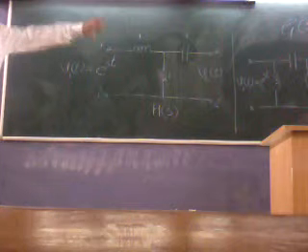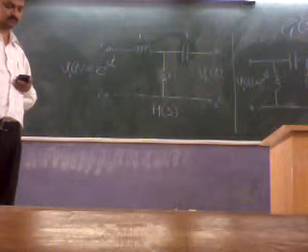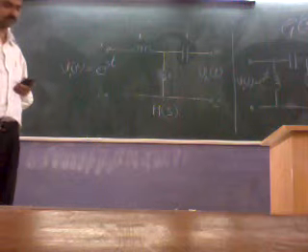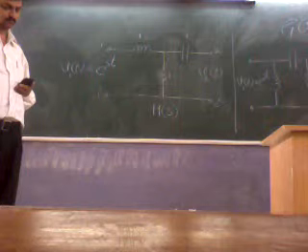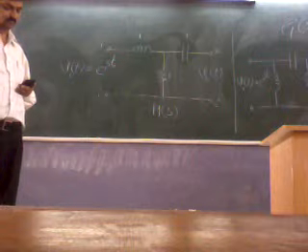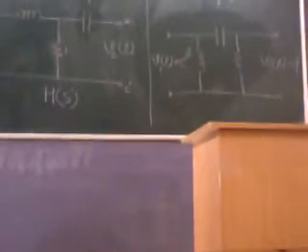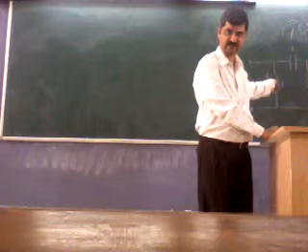Now calculate what is V2t and then take the ratio. Linear equation. So how can we write?